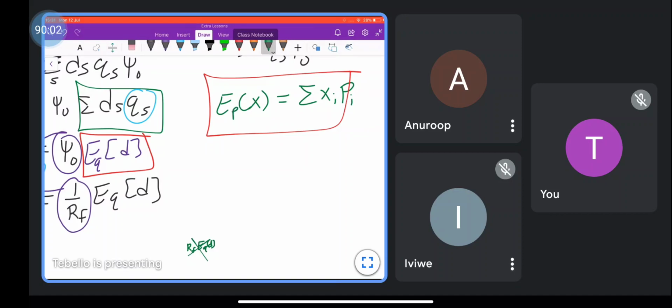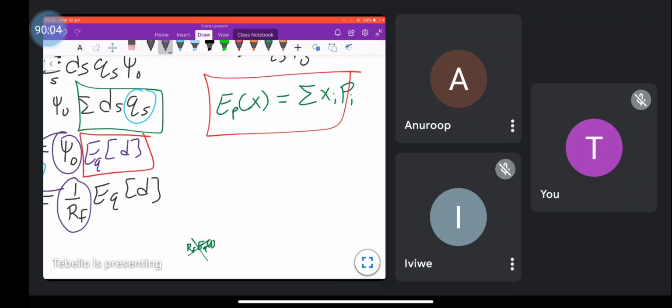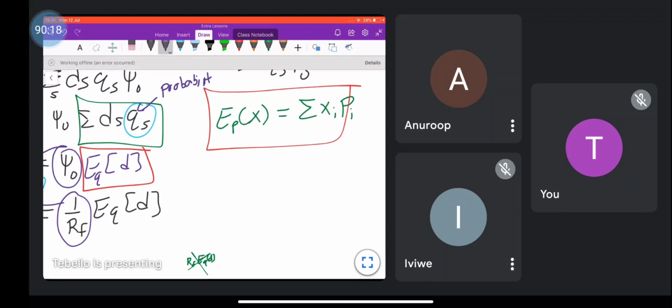So we know that these Q's over here are also probabilities. Although they have a special name, artificial probabilities, they are still probabilities.